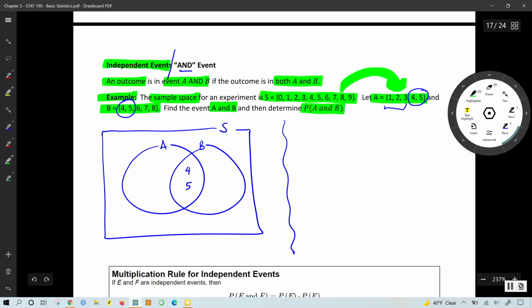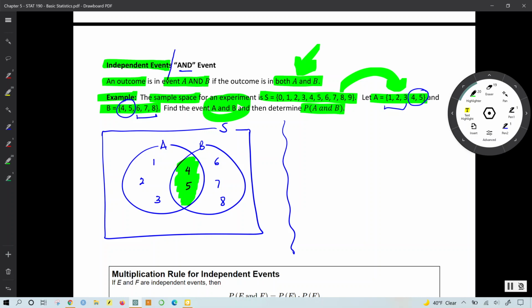Then we have 1, 2, 3, and we also have 6, 7, 8 in the event B. The event A and B will consist of only points that are in both A and B, which is the shaded region on your screen. So it has the points 4 and 5.